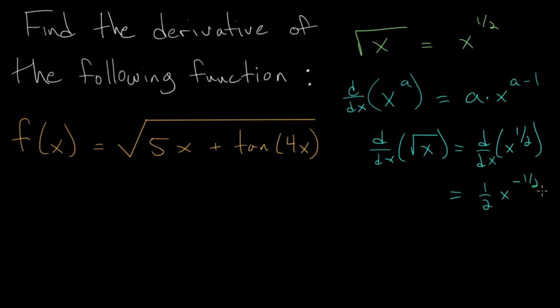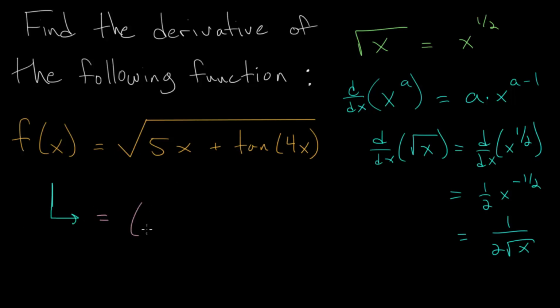This will now be minus 1/2. And if we want, we can rewrite this using radical notation as 1/2, where the square root of x is in the denominator. But ultimately, taking the derivative of a square root is fairly straightforward when you rewrite it as a fractional exponent. So let's apply that here.